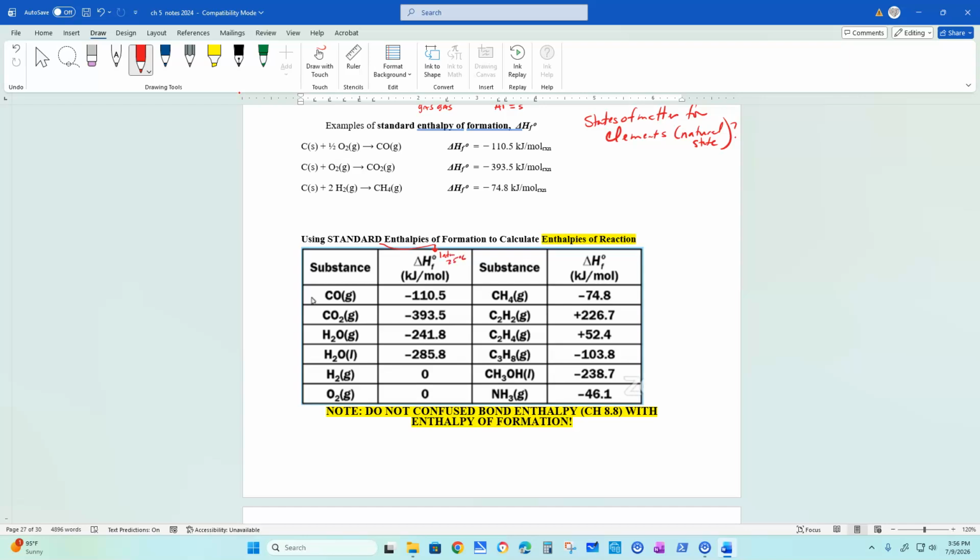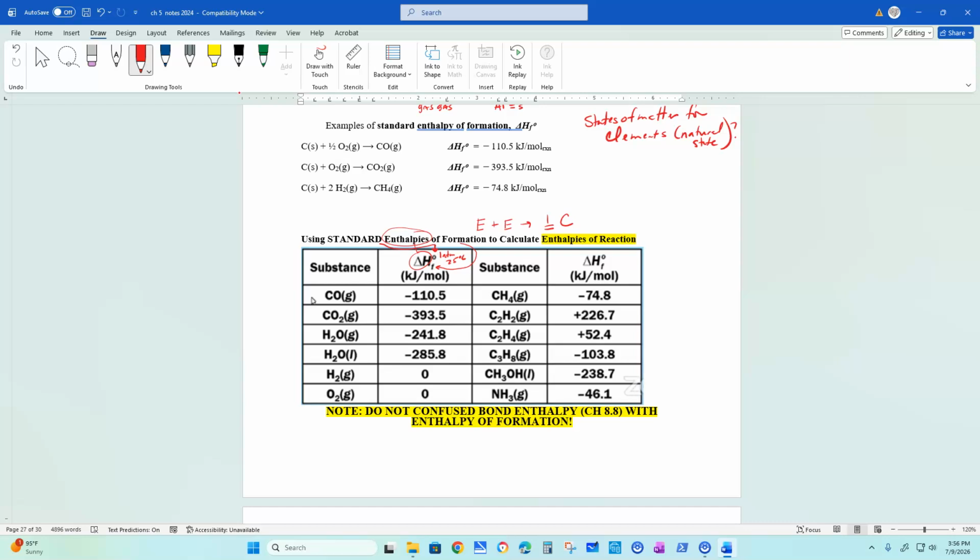We already know we have delta H, enthalpies, and then we have the word formation, so we put that little f for it. So we're going to be taking elemental forms and making 1 mole of a compound, okay? Notice all of these compounds, gases, liquids, they all got values. There's no point to memorize these.